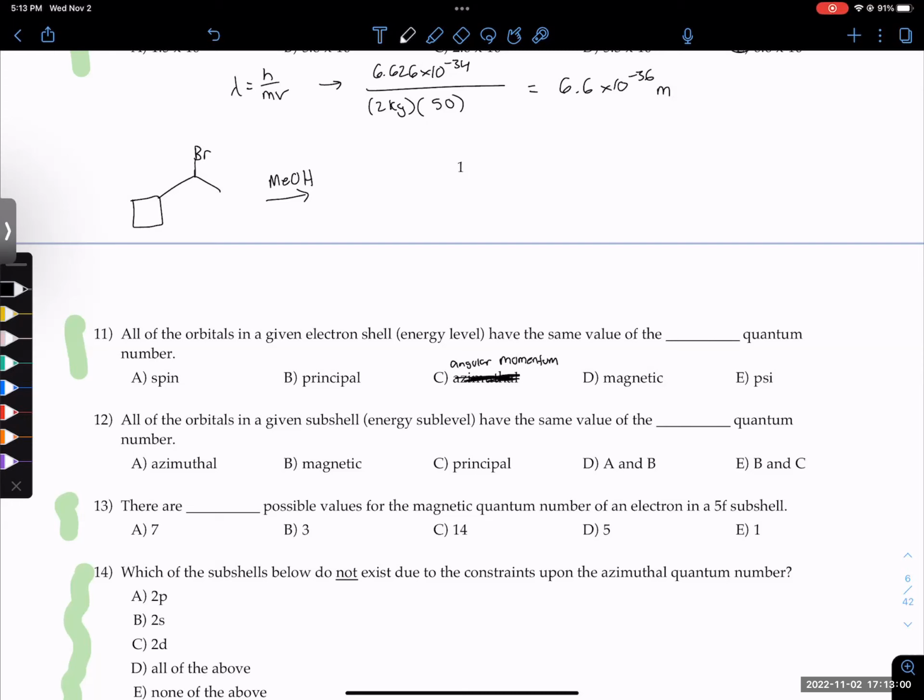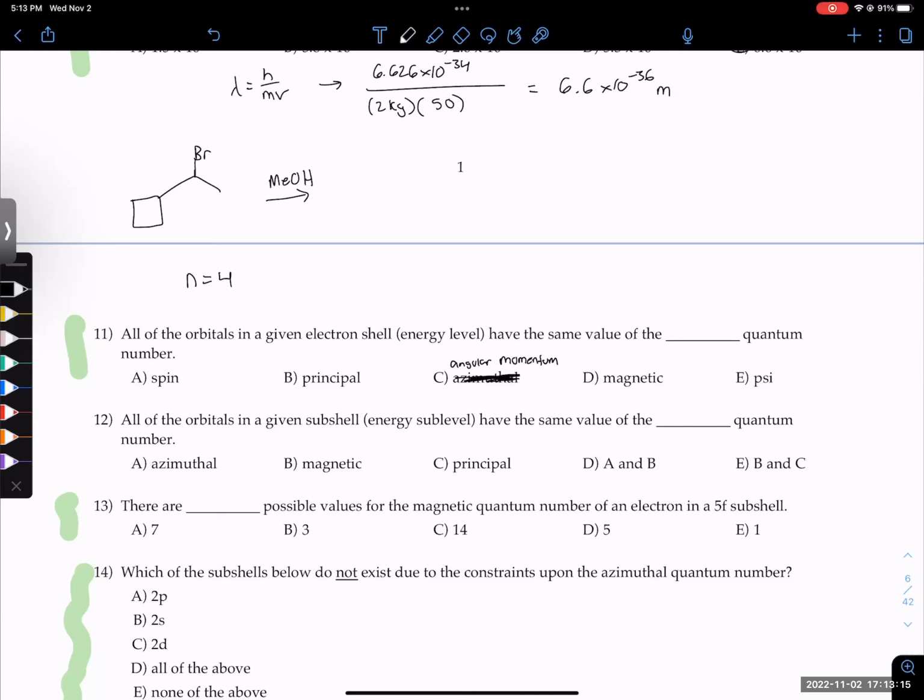So let's just think of a random number, n equals 4. You already went to the 4th energy level, right? So anything after this is talking about an orbital in the 4th energy level.